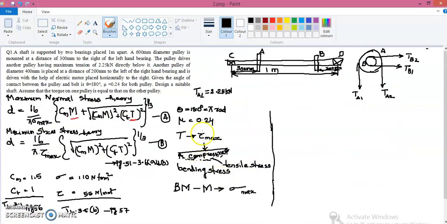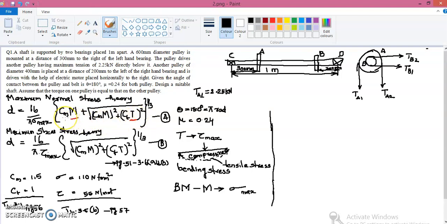So we have this equation. According to the maximum normal stress theory, we have this equation A, and the maximum shear stress theory, we have this equation B. This is taken from the data book, page number 51, 3.6A and B. And we have found out this maximum bending moment value, and the torque also we have.